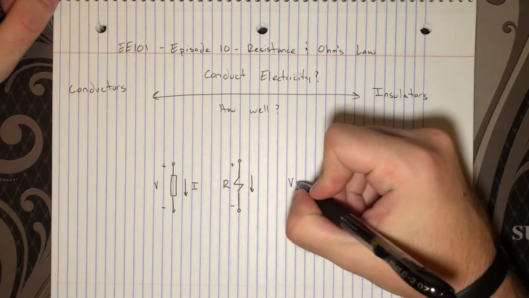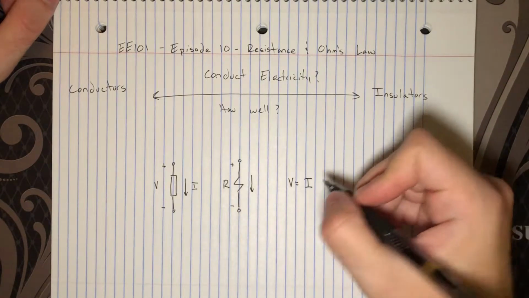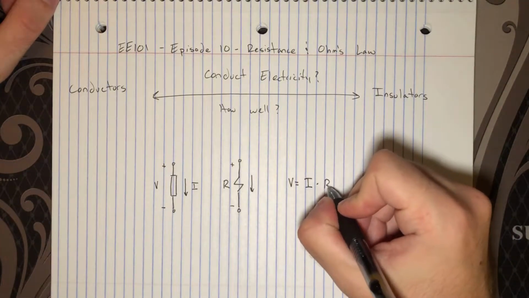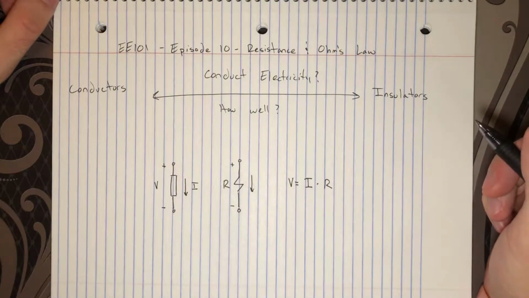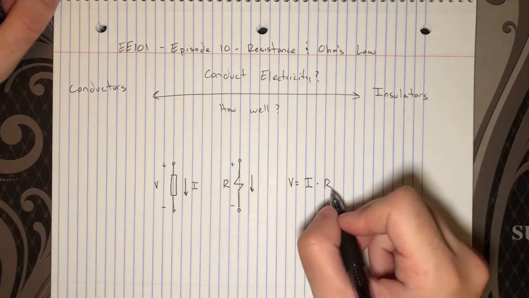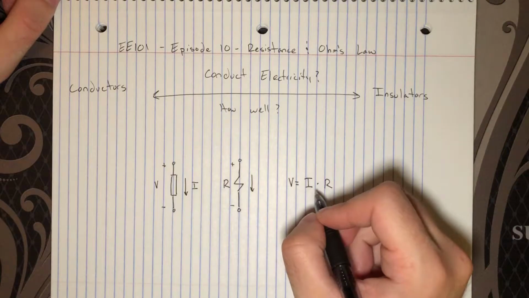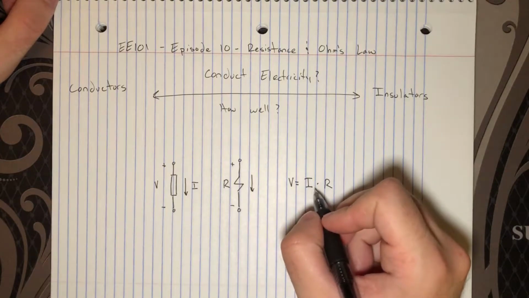So V equals I times R. So what we're saying here is that the resistance is this constant of proportionality with certain units that relates the voltage and the current.